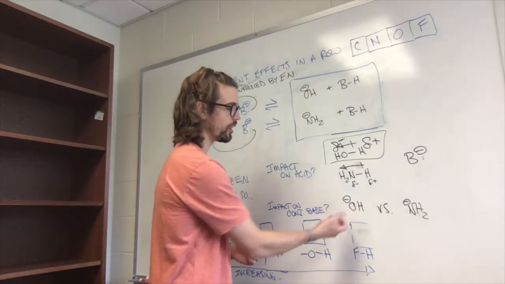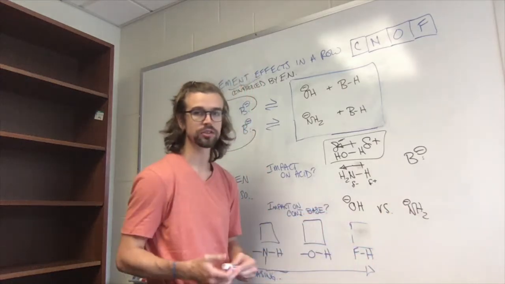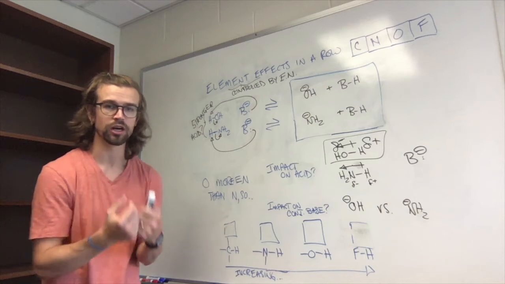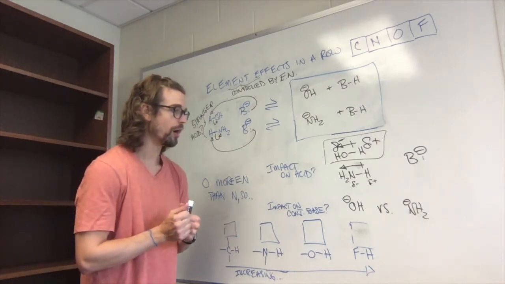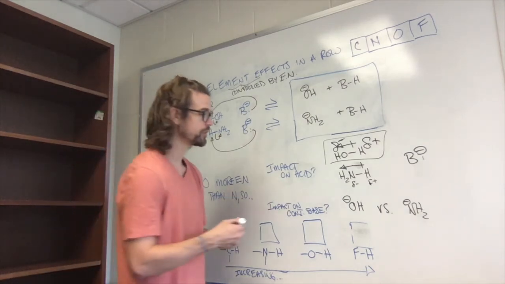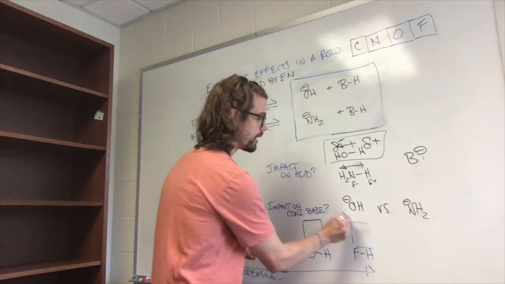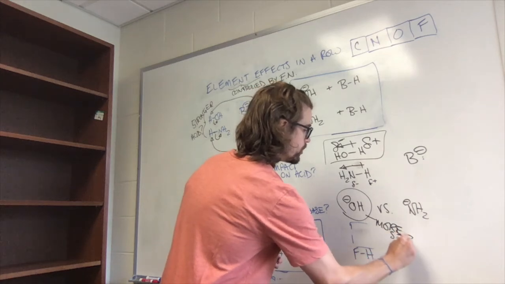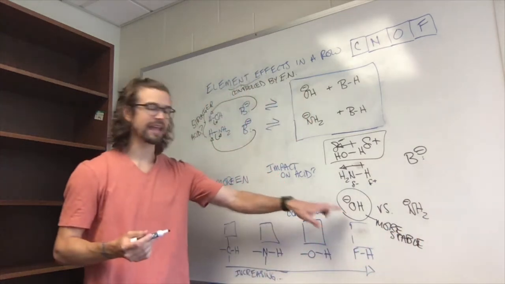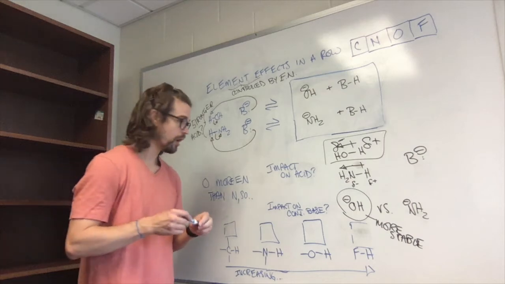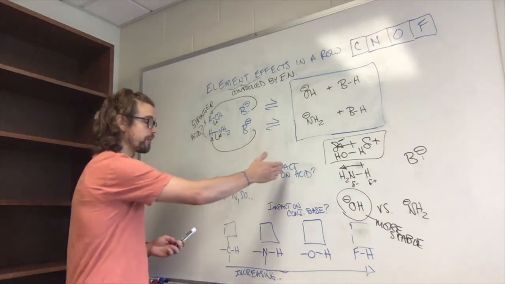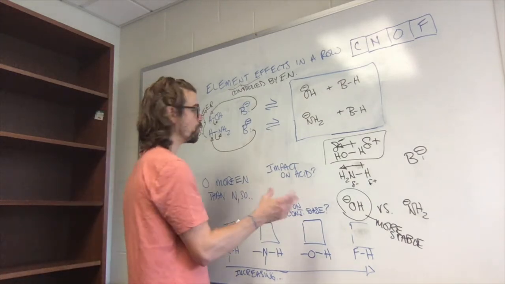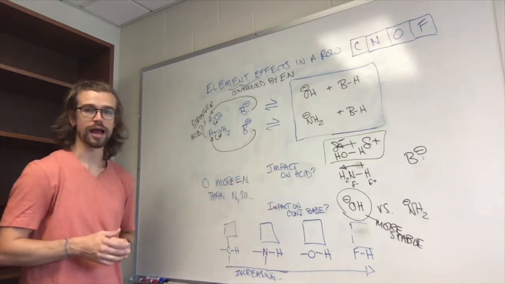Well, the negative charge is on a nitrogen versus an oxygen. The one that likes negative charge is going to be more stable holding that negative charge. So oxygen is more electronegative, so that is more stable. Because of that, that means that it came from the stronger acid. So both, if we look at the acid itself or if we look at the conjugate base, both of those point to water being the stronger acid.